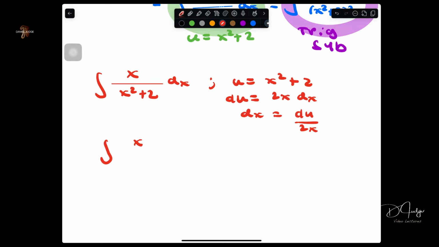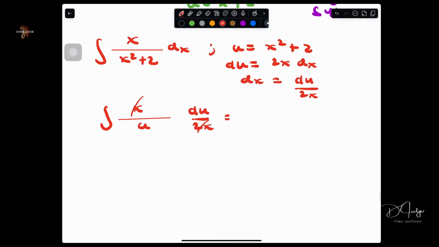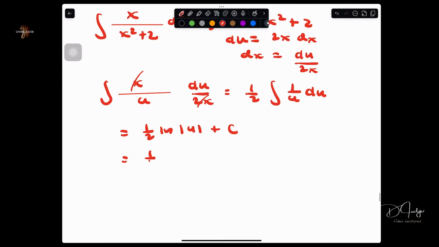So we have x over u du over 2x. 1/2 integral 1 over u du. 1/2 natural log absolute value of u. It'll be plus c. We'll add those constants at the end.